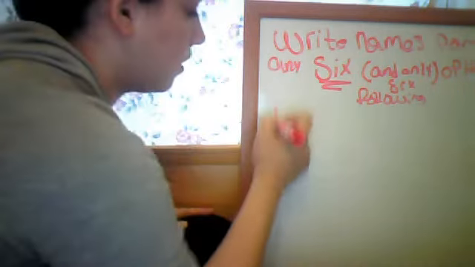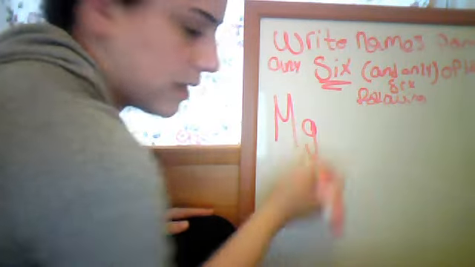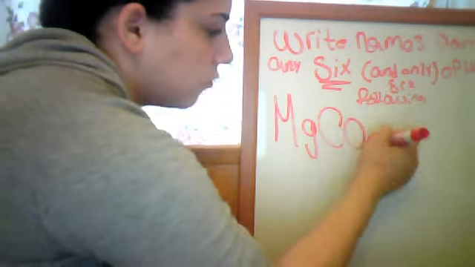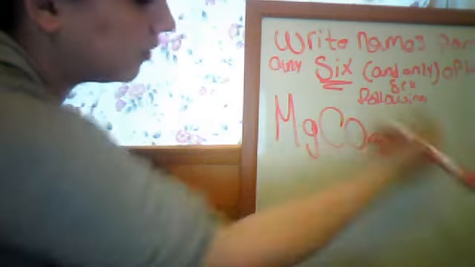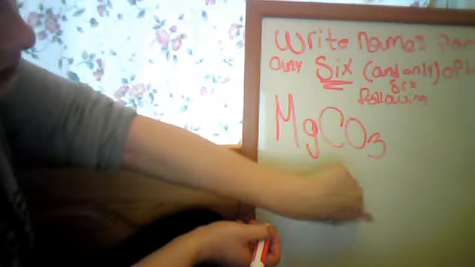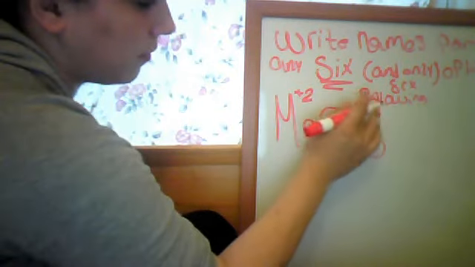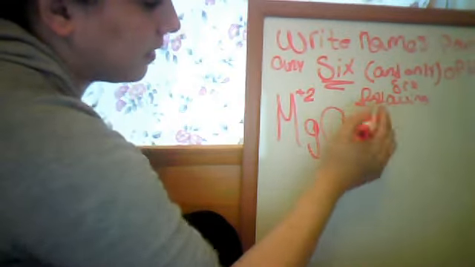So we got Mg, magnesium, CO3 carbonate, magnesium carbonate. Magnesium, there's 2 right here, but they cancel. So right here we got +2, we got -2. I have them memorized.